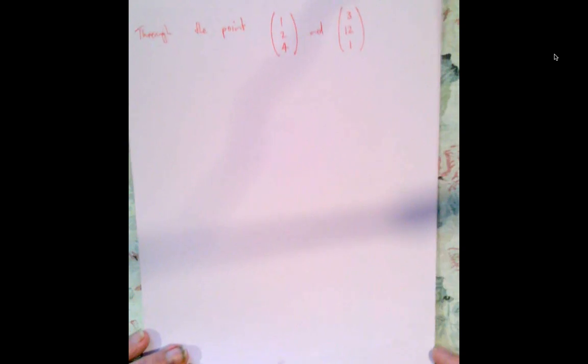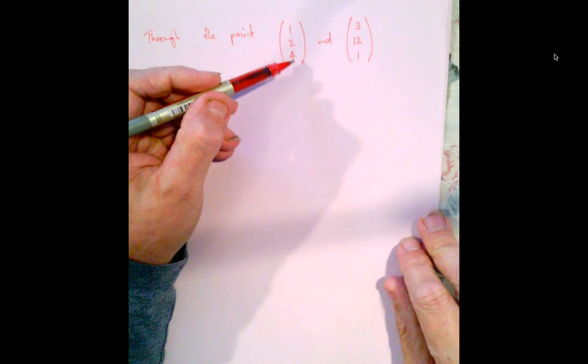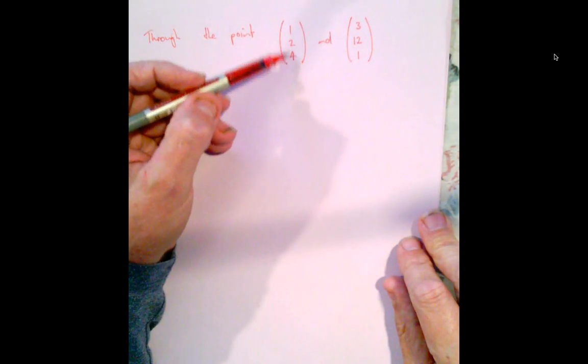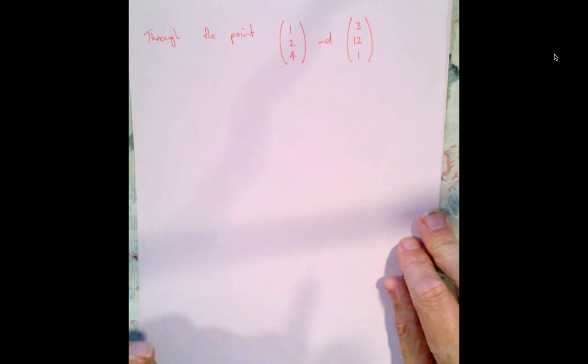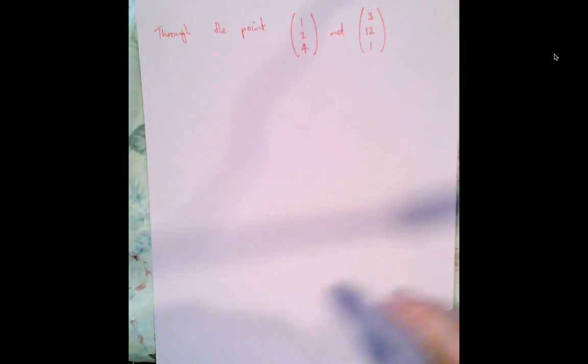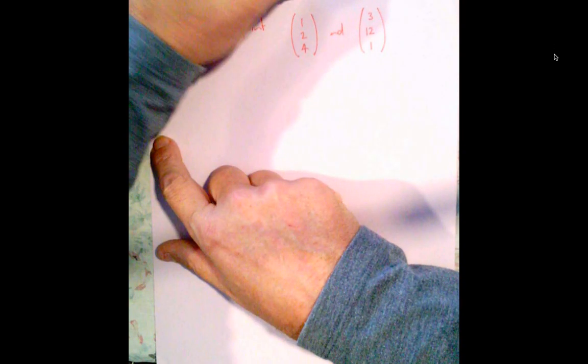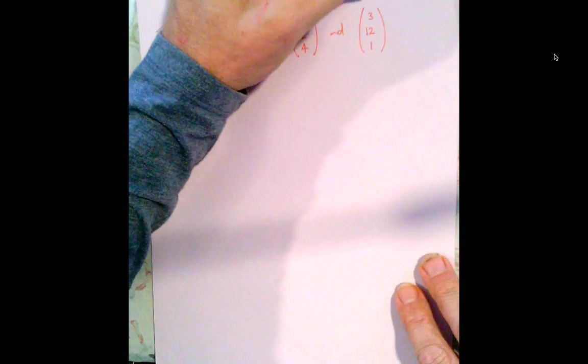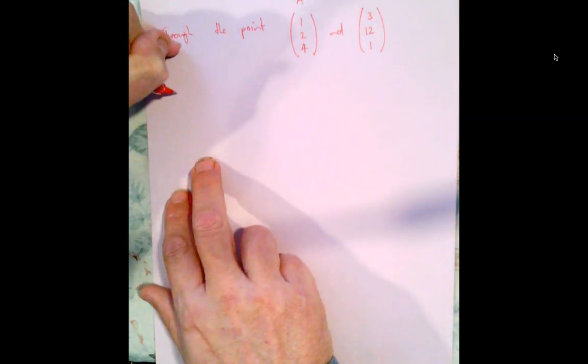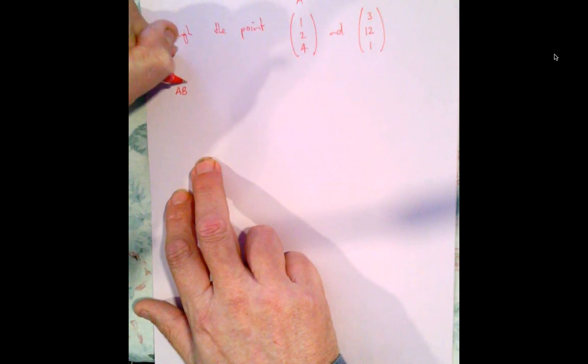Let's have a look at another example. We want to look at a line that goes through these two points: (1, 2, 4) and (3, 12, 1). The first thing is we let this be A and this be B. Let's look at the direction AB, or the vector AB.